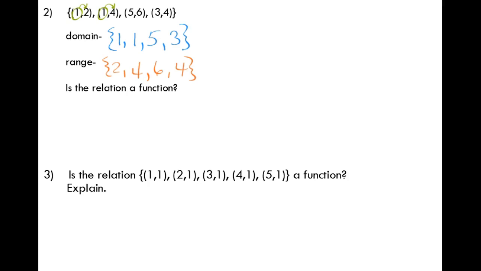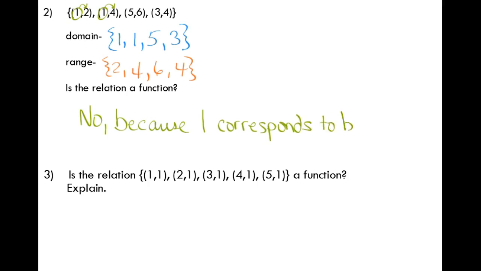So that's a problem, and it's not a function. So we say no, because very specifically, we'll use the word in the definition, 1 corresponds to both 2 and 4.